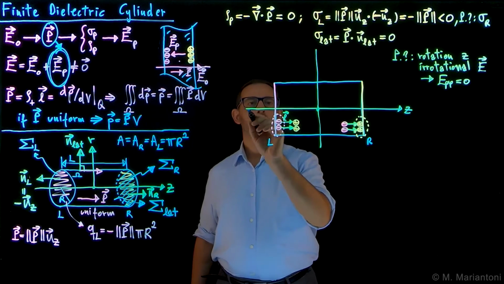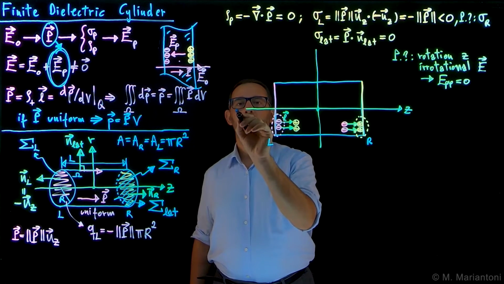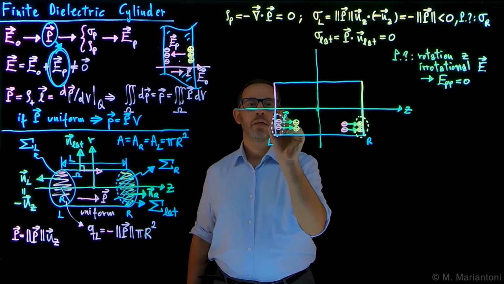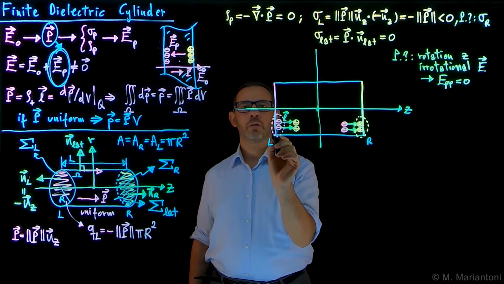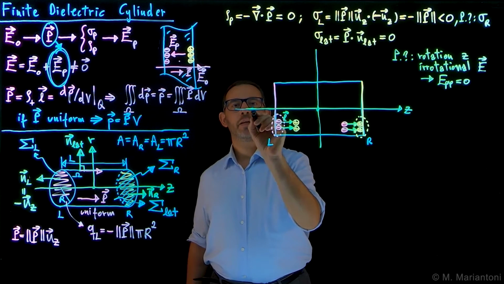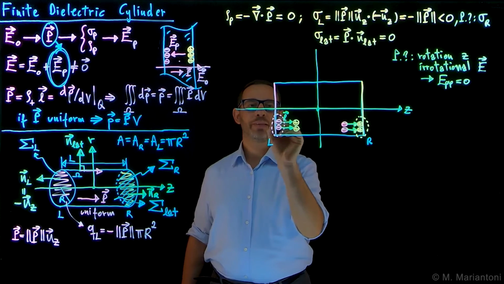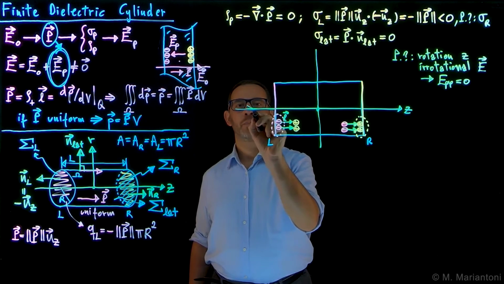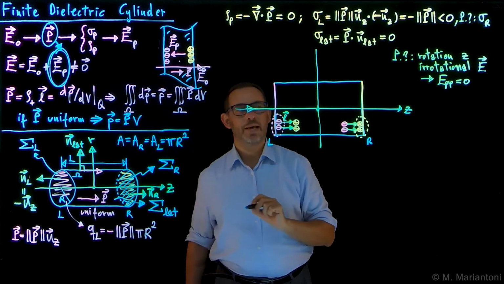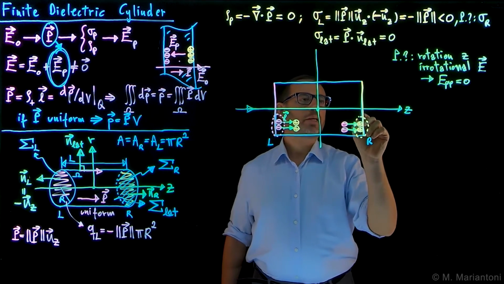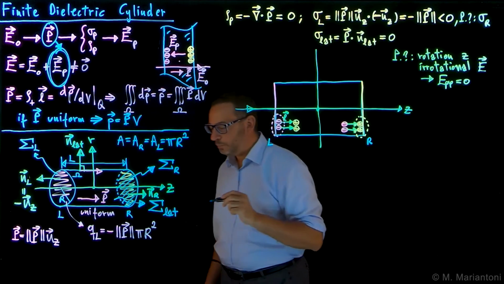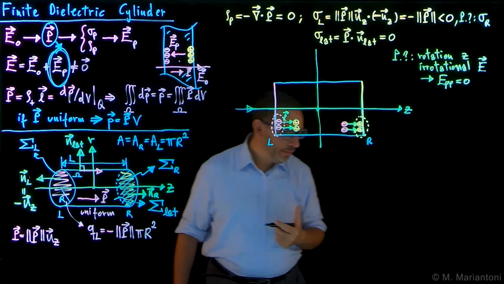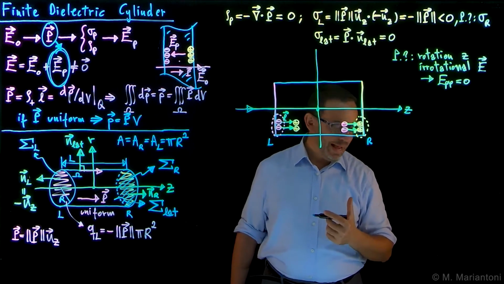So in this case, of course, there will be a field line here. So this is the negative charge. Obviously, this field line, if I have a positive test charge, will be attracted by this negative charge. And so the field line here looks like that. Similarly here, the field line will point towards the outside.